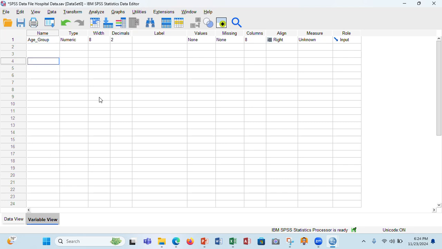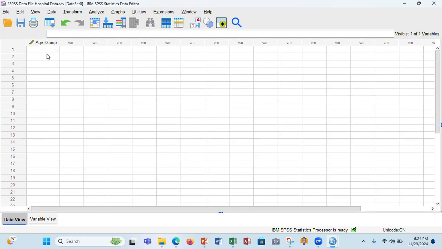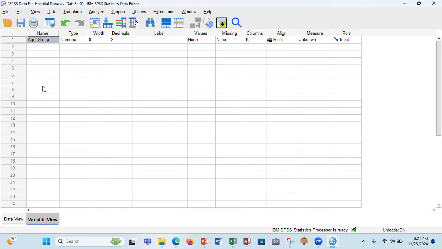However, what you should know is that what you do here in the name column is what appears as the column for age in the data view. So we are only setting up here for data view. I've come back to variable view because the variable view is a setting of what your data is going to be in data view. So back to variable view.